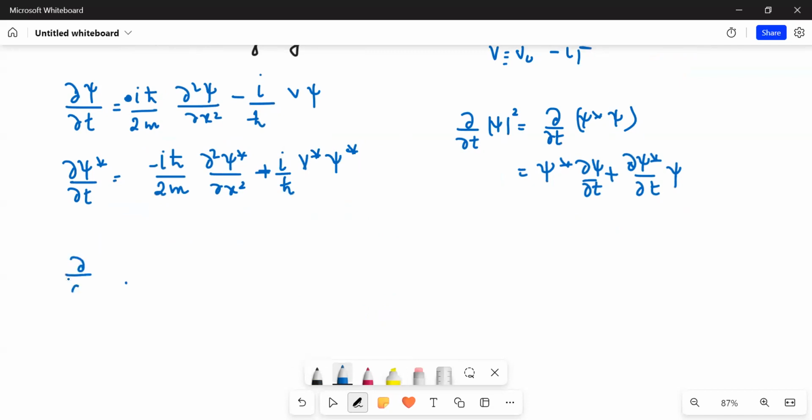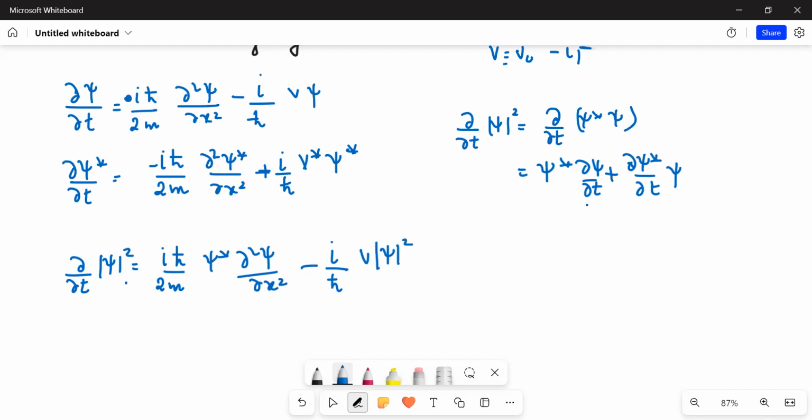So my del by del t of mod psi whole square would be equal to what? Psi star into del psi upon del t. So psi star multiplied by del psi upon del t will give me iota h bar upon 2m, psi star, del square psi upon del x square, minus iota upon h bar V mod psi whole square, because psi star into psi is mod psi whole square.